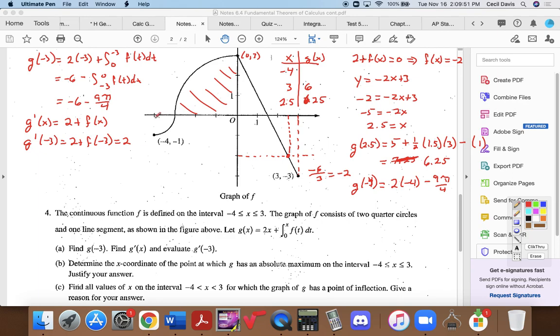And this part that's below the axis, but we're going from right to left, is going to be accounted as positive because it's below and we're going the wrong direction. So that's just pi over 4. So this is -8 minus 2 pi. Clearly not a maximum. So the x-coordinate is at x equals 2.5.